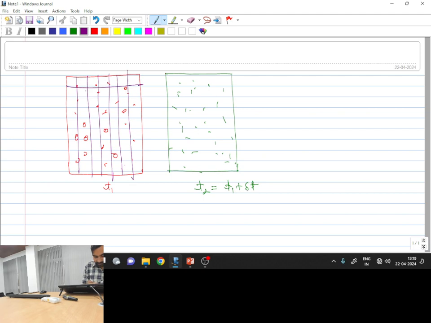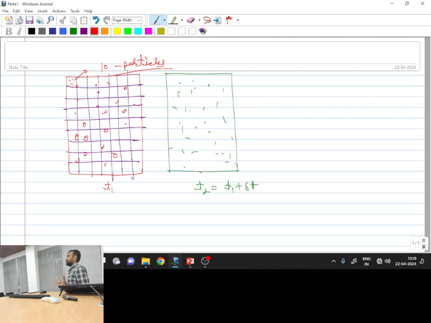Okay, so this frame is now divided into a large number of subregions, and the subregion size is chosen in such a way that each subregion contains at least of the order of around 10 particles. Is this point clear? So a good number of particles each subregion should have.